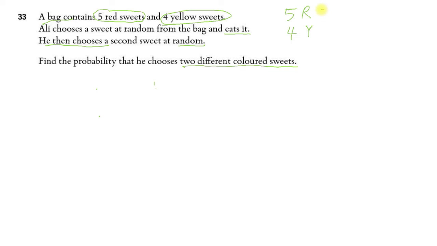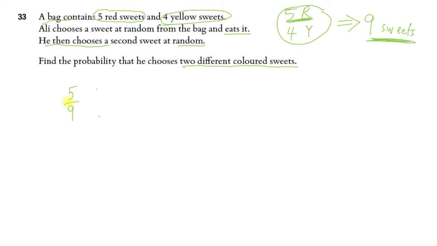Okay, so let's look at the total number of sweets that we have. We have 5 red and 4 yellow, which brings to a total of 9 sweets, right? If he chooses a red sweet in the first try, the probability of getting a red sweet is 5/9 because it's 5 red sweets over 9 sweets in total.